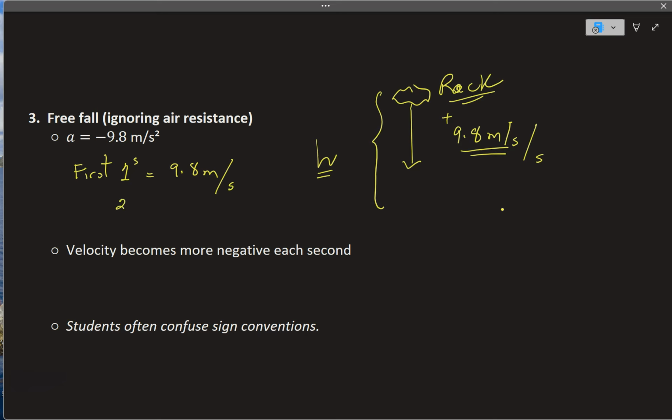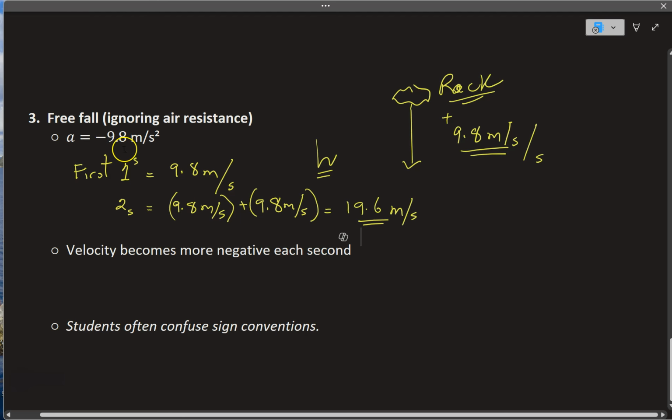But at time t equal to 2 seconds, your speed is now 9.8 meters per second, and then add another 9.8 meters per second. That's 19.6 meters per second.